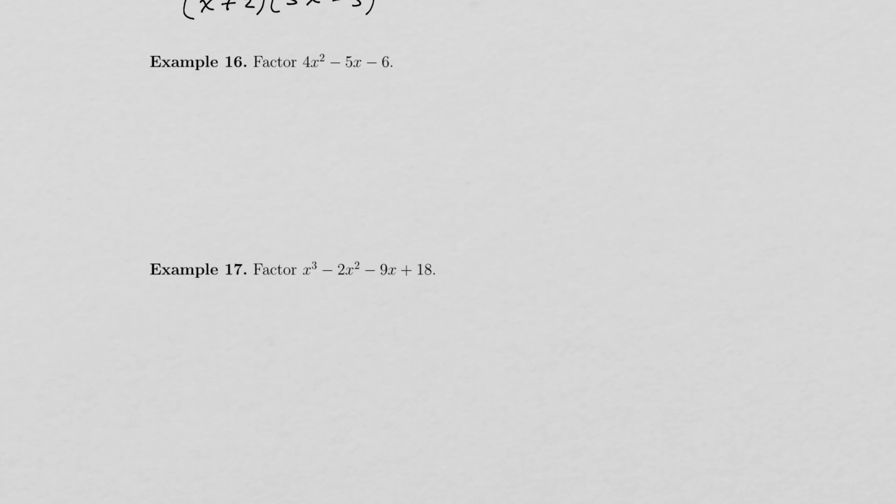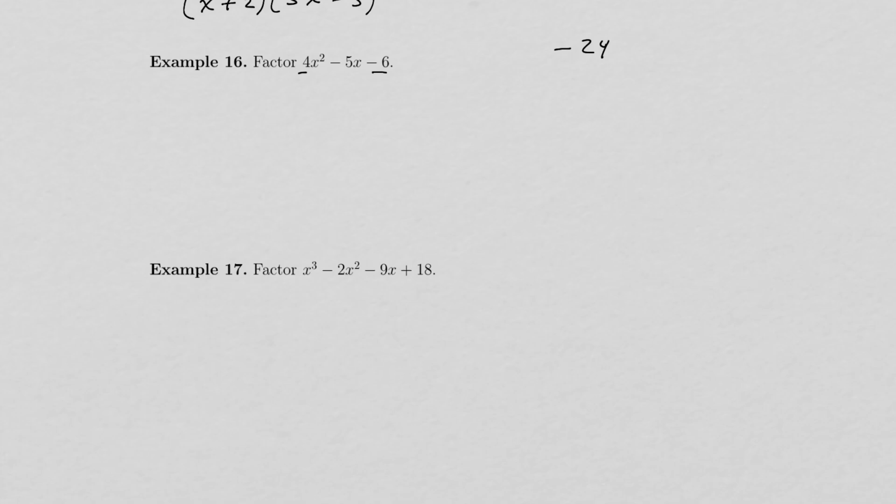Okay, in this one I have a 4 and a negative 6, right? So that's going to be negative 24. I want two things that multiply to give me negative 24 that add to give me negative 5. Let's see. 24 and 1, there's no way I can get it, right? 12 and 2, that won't work. What about 4 and 6?